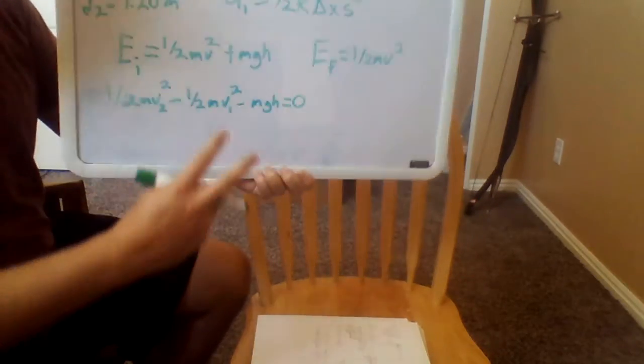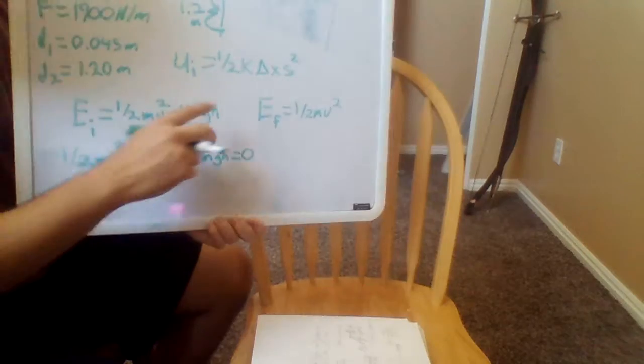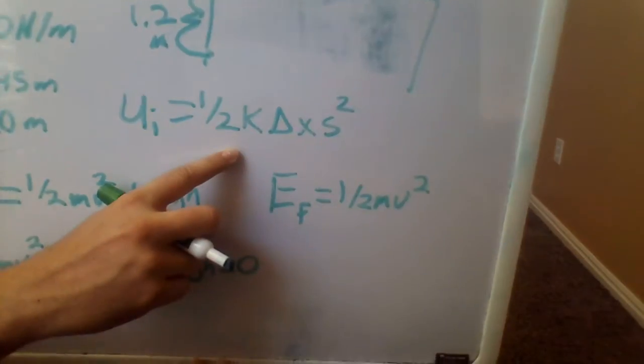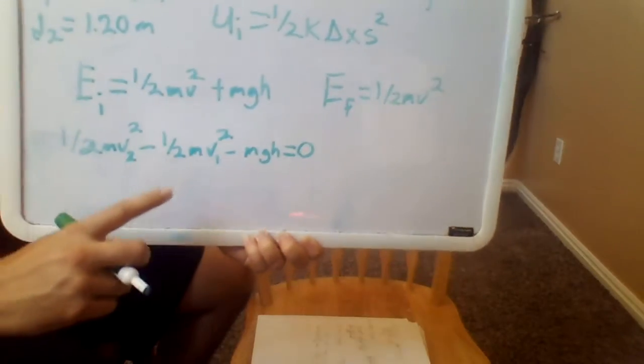But then we can substitute out. We know that our potential energy is equal to this equation up here. So we can substitute that back into this equation.